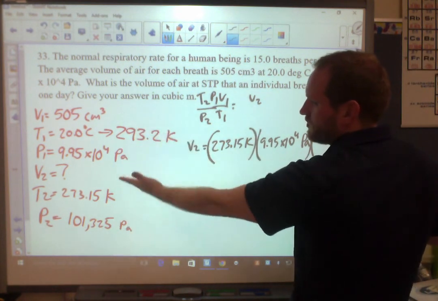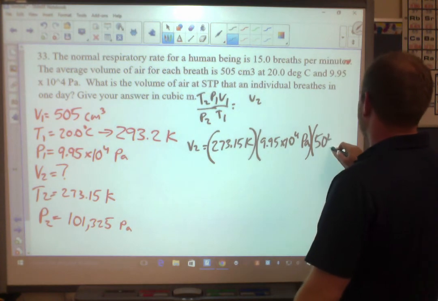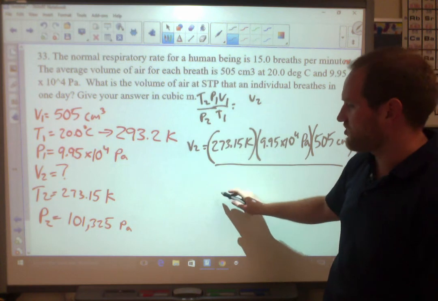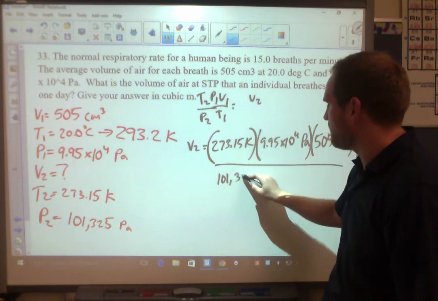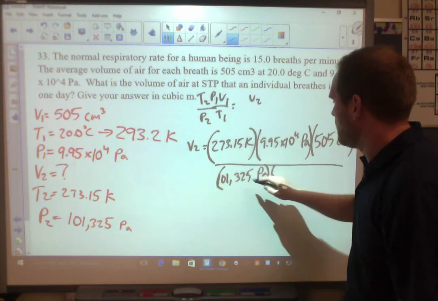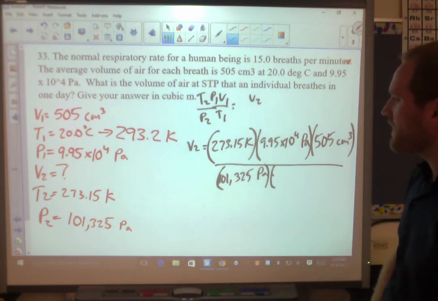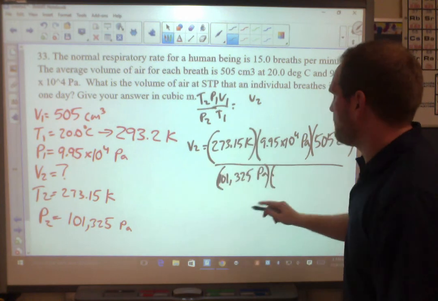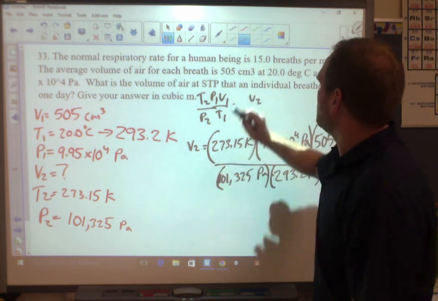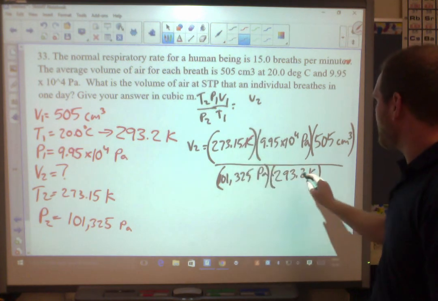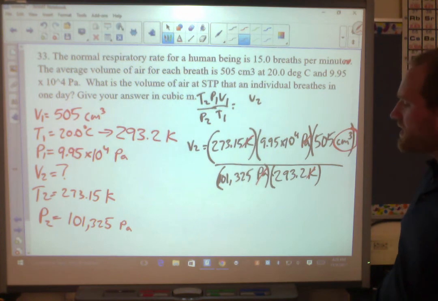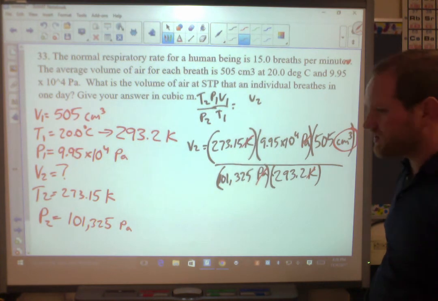V1, initial volume, 505 centimeters cubed, divided by my new pressure, which is 101,325 pascals, and divided by T1, initial temperature, 293.2 Kelvin. Let's see. Kelvin cancels Kelvin. Pascal cancels Pascal. I'm left with centimeter cubed. Does that make sense for V2? Yes, it does. Let's see what we get.